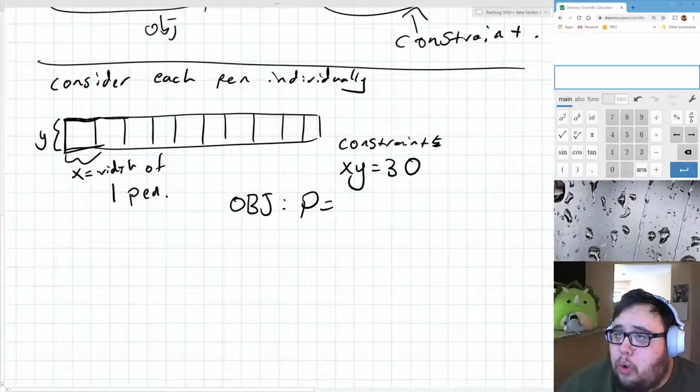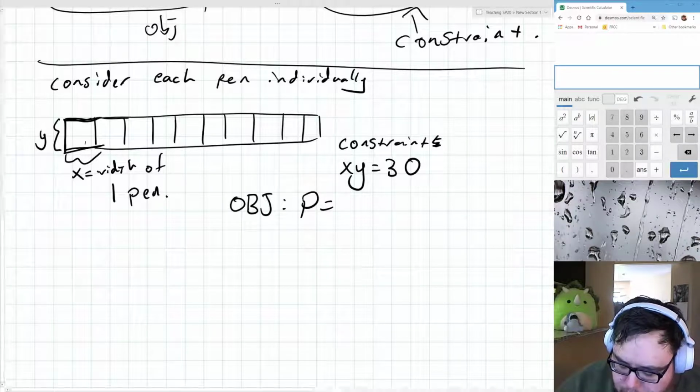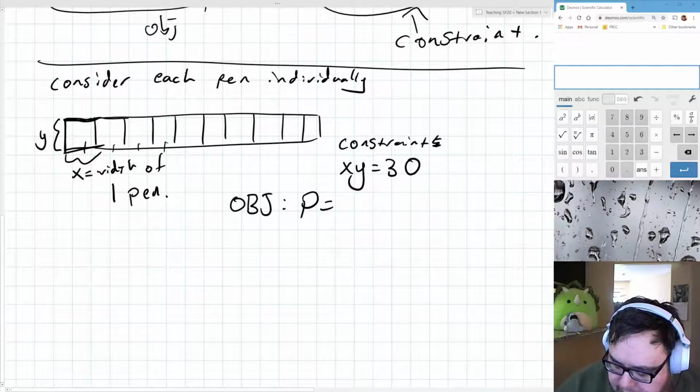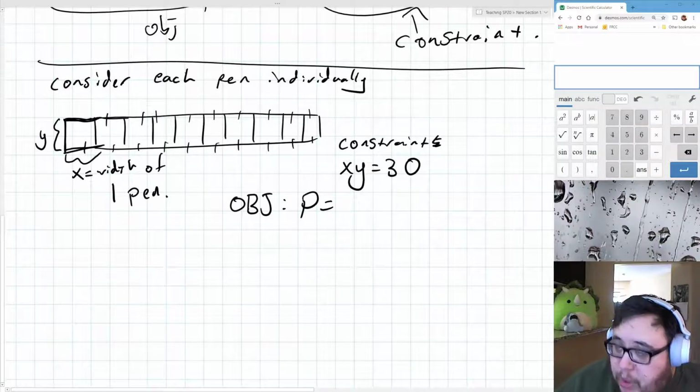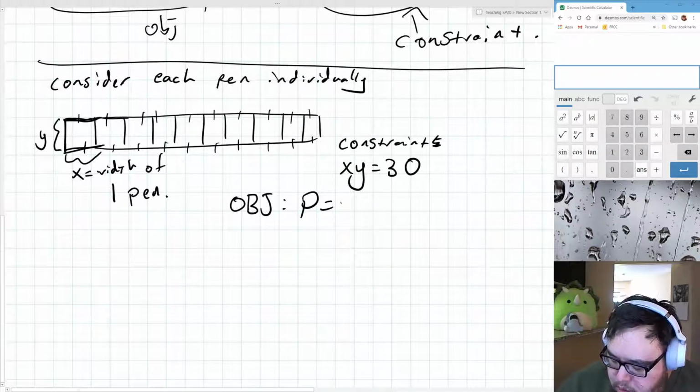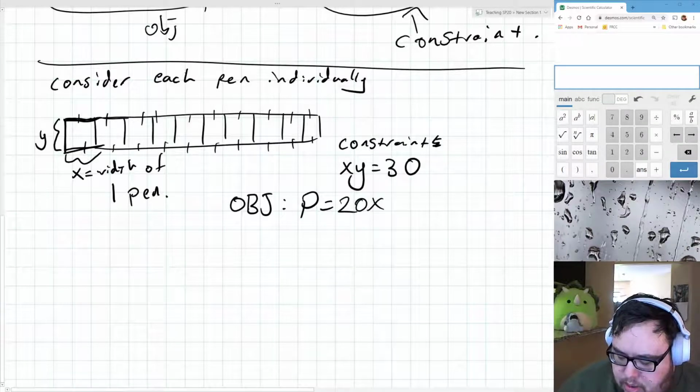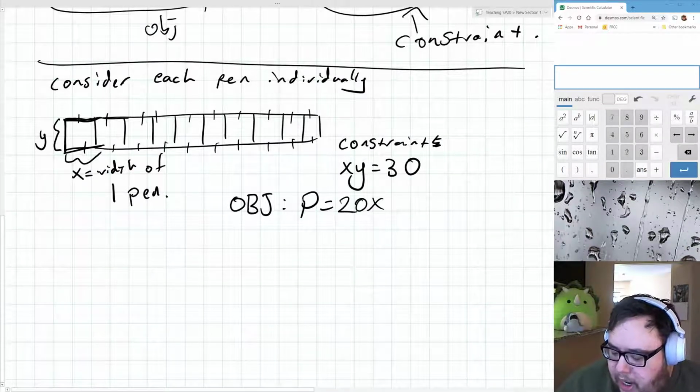This time there's a lot more of them, right? There's 20 of them. So it'll be 20x. And we'll still have the same amount of y lengths, plus 11y.